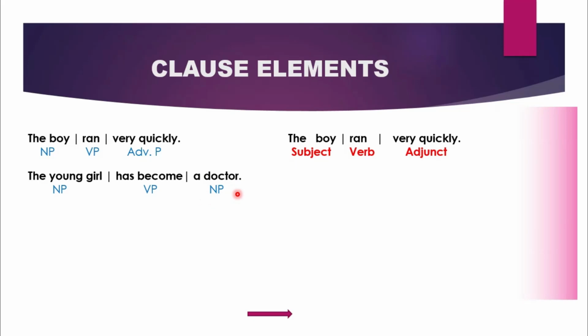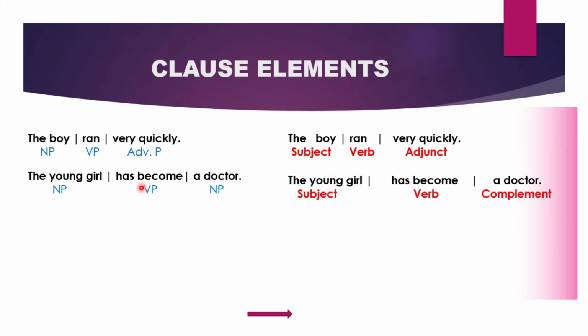What are their roles? The young girl is functioning as the subject. Has become, which is our verb phrase, is functioning as the verb. A doctor, which is also a noun phrase, is functioning as the complement. Therefore, we can say that subject, verb, complement, adjunct are clause elements because they are the roles that these phrases perform in a sentence. Let us have another example.